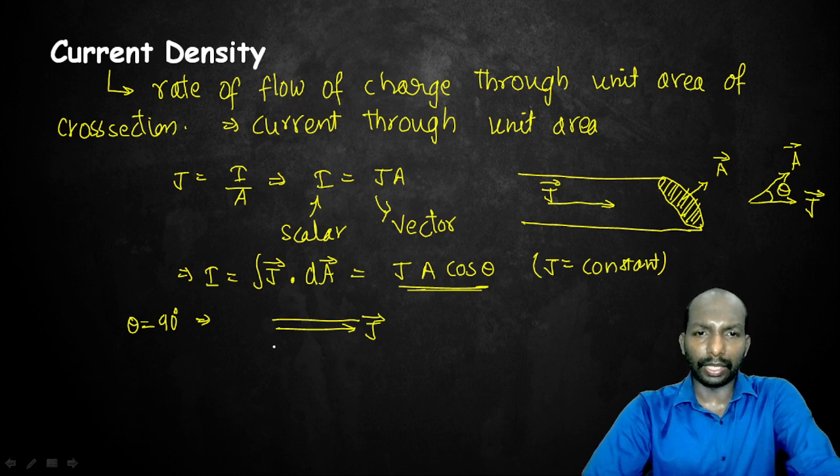I have taken the conductor, and inside the conductor current is flowing along the wire. Now I have taken some area of cross section like this. Here the current passing perpendicular to the length of the wire is 0 because theta equals 90 degrees. That means I equals 0.